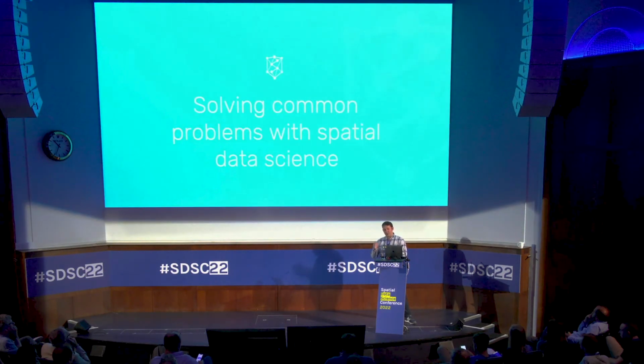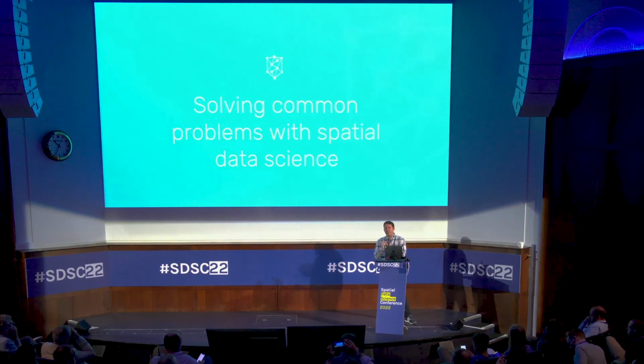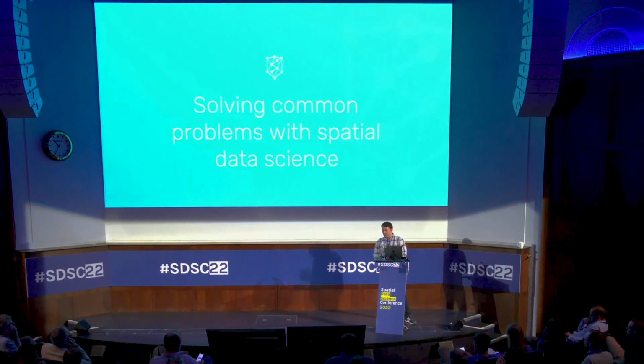Okay, so we've talked a little bit about building POIs. We've talked about understanding the types of POIs, which could be important. We've talked about enriching these types of POIs with different types of consumer behavior. Now let's talk about what we can do with some of this.